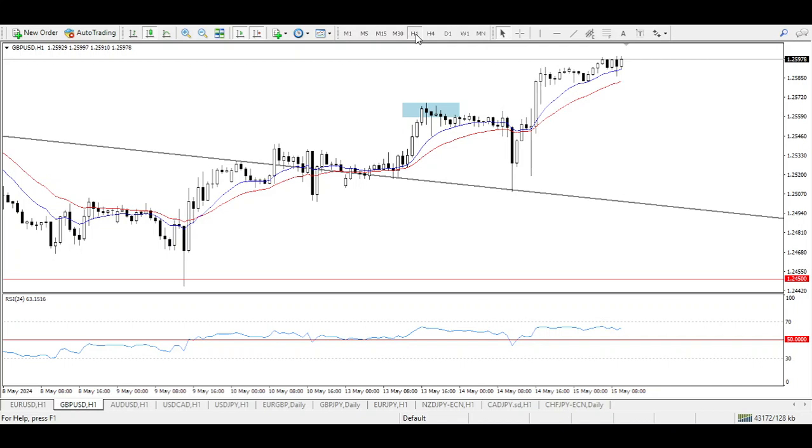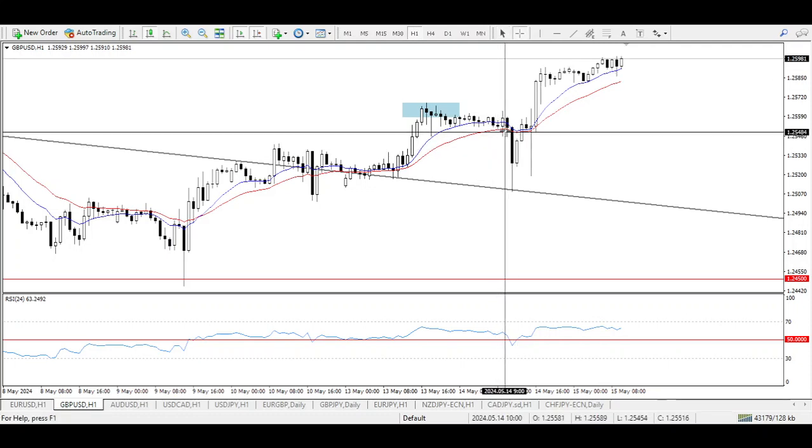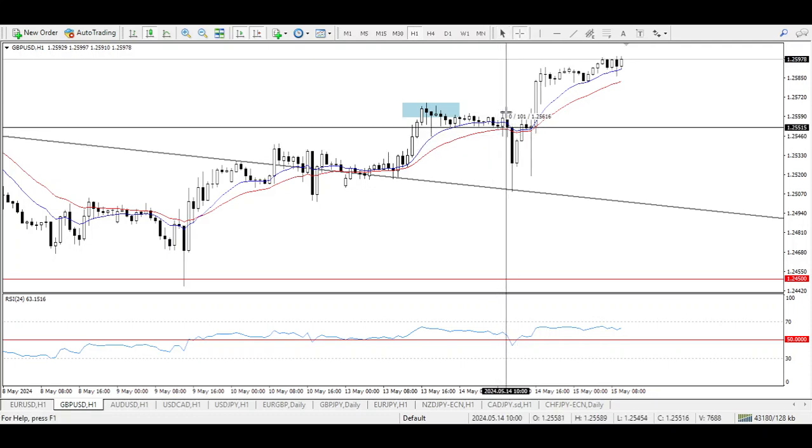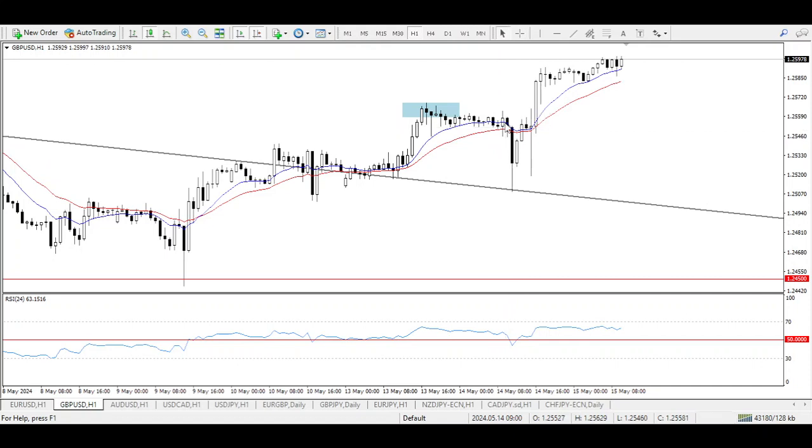Otherwise, the market actually moved to the upside just by 10 pips, 10.1 pips. This is the candle, this white candle. This is the candle made after the release of claimant count change and hourly earnings from the UK, and the movement to the upside was feeble, and then the market started going to the downside.